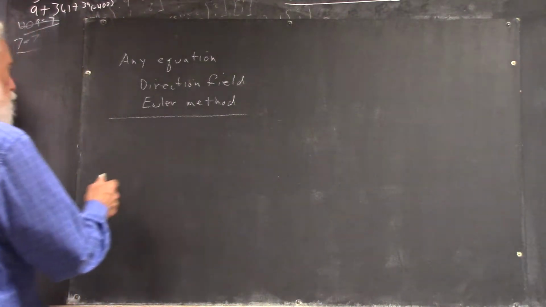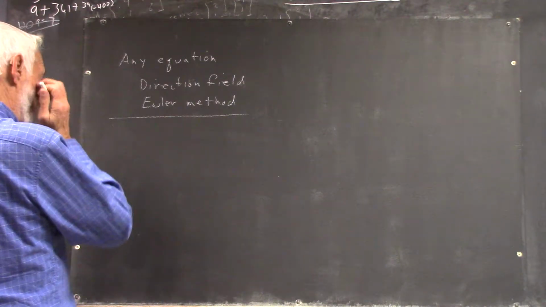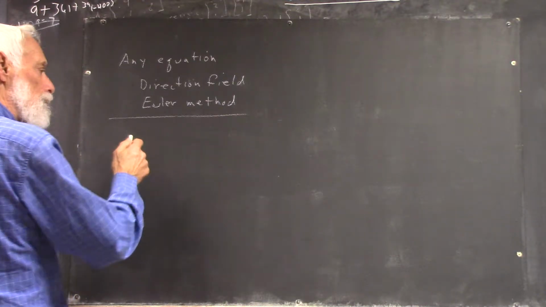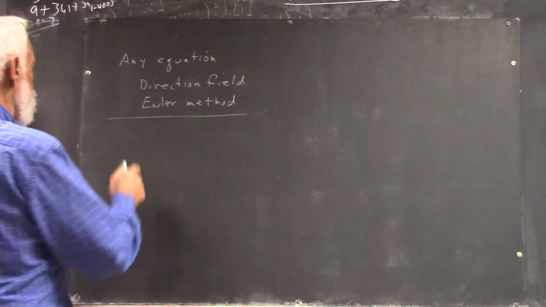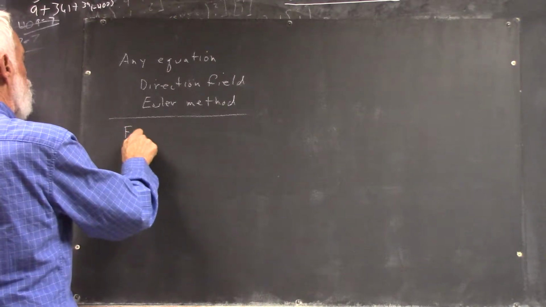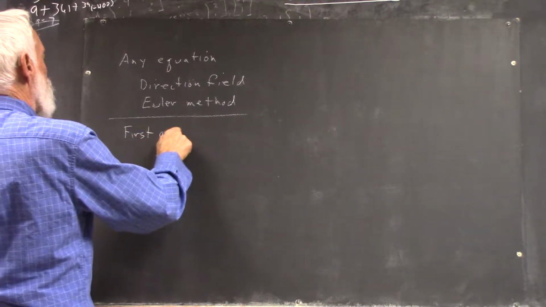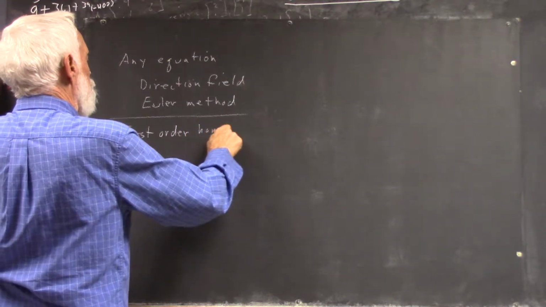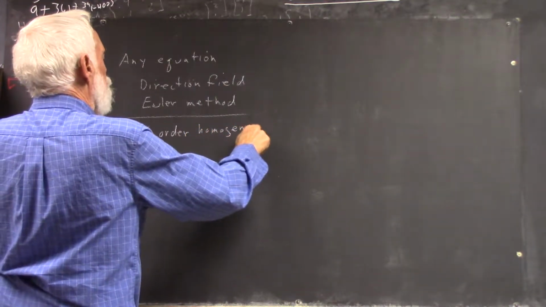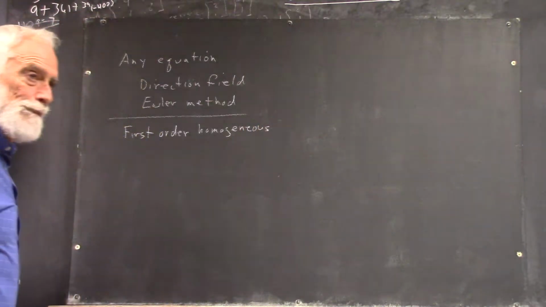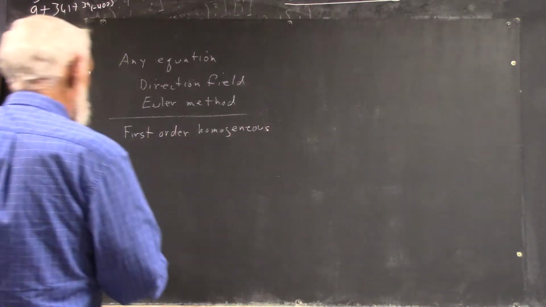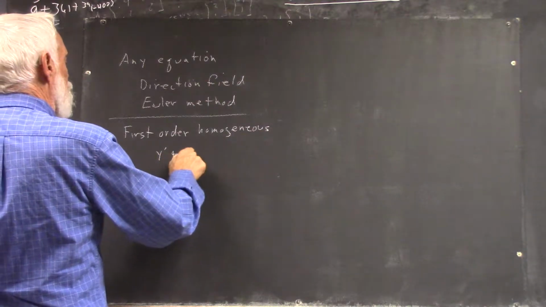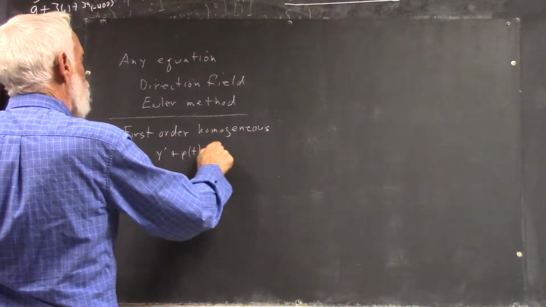Now, what kinds of equations do you have? Generally, the first kind of equation we really look at is first order homogeneous. Okay? We saw this quite a while ago. That's, for example, y prime plus p of t y equals 0.